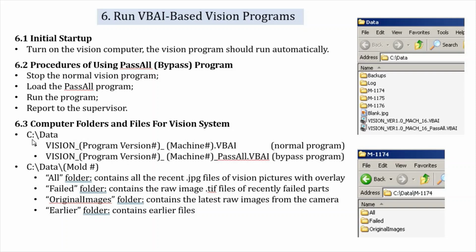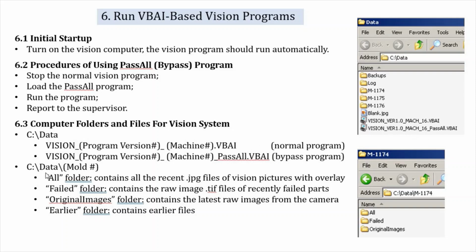The files regarding the vision system are all hosted in the C data folder here. This is a normal program file, and this is the bypass file, as you can see here, for example.